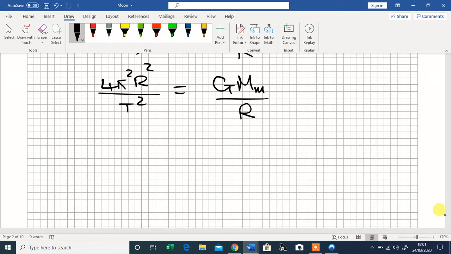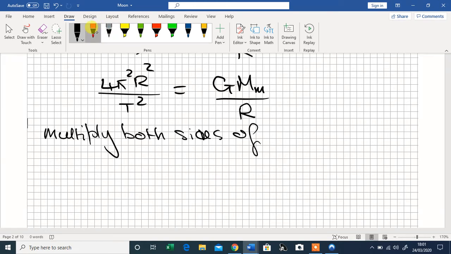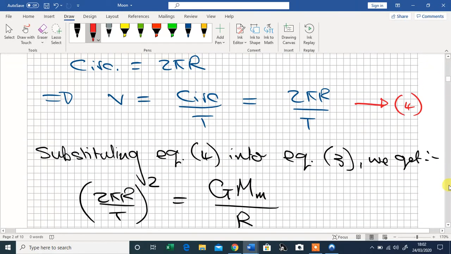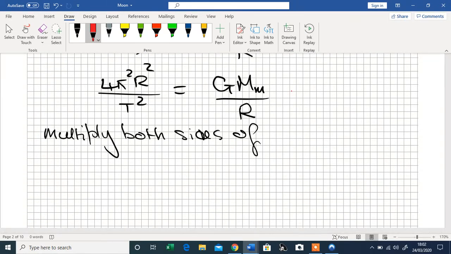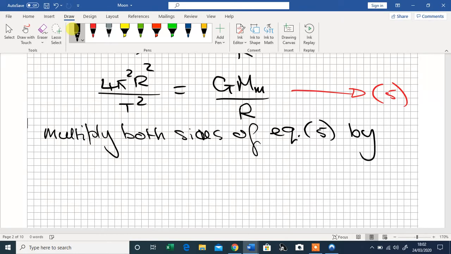If we multiply both sides of equation 5 by r and t squared, I can't quite get that on there, it's a bit messed up, isn't it?